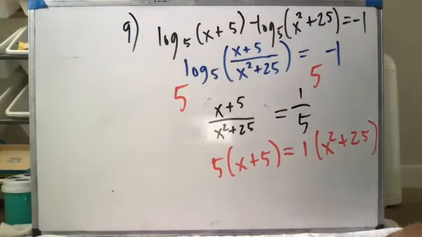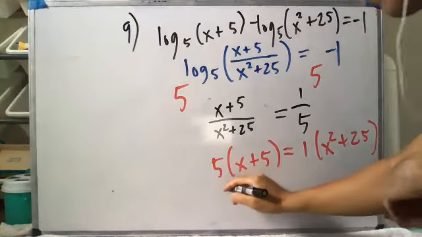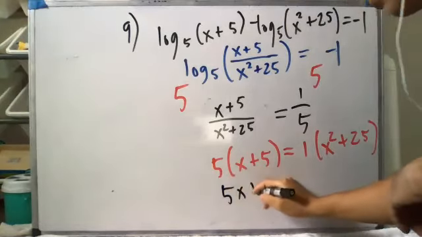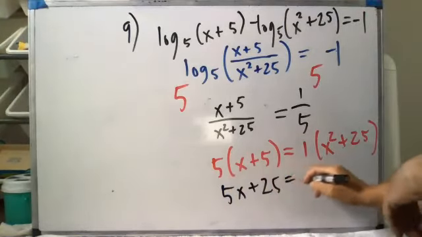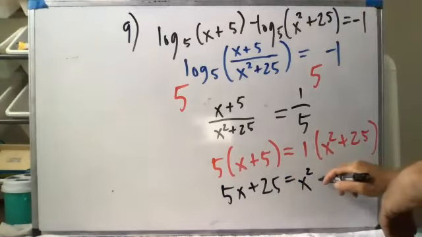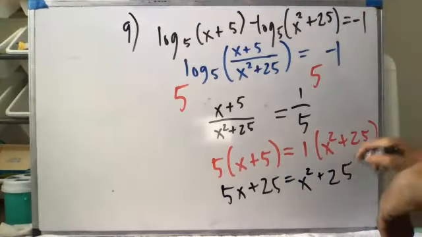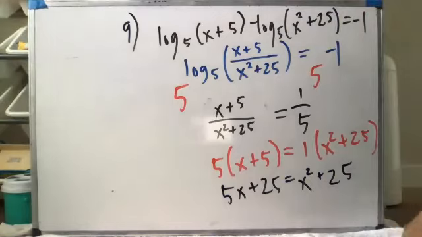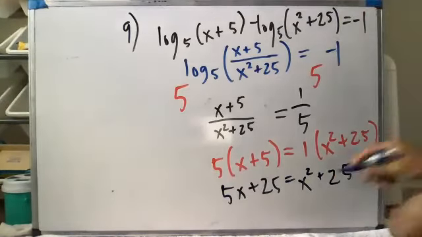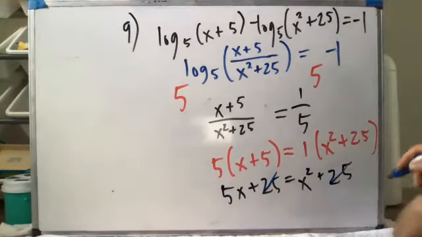So next step, let's simplify this. This is going to give me 5x plus 25 is equal to x squared plus 25. Oh, that's nice because the 25s are going to cancel each other out, right?